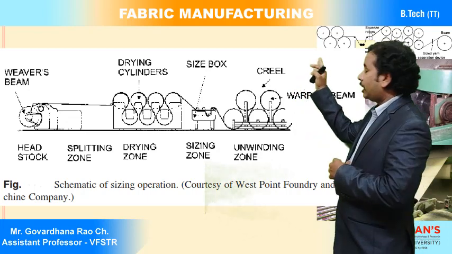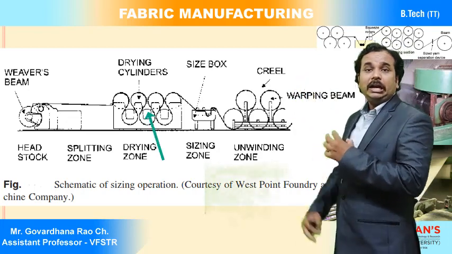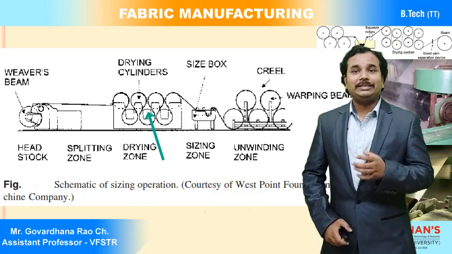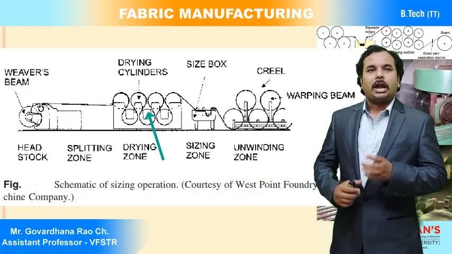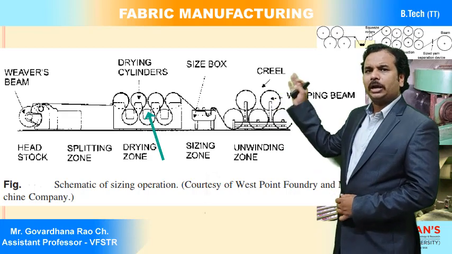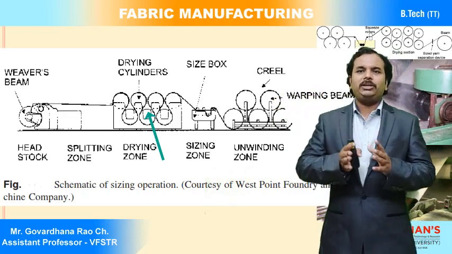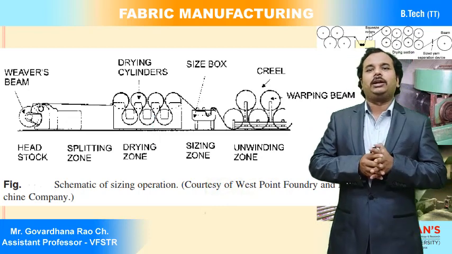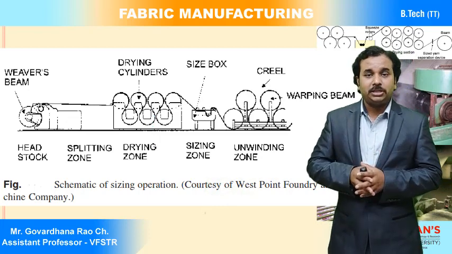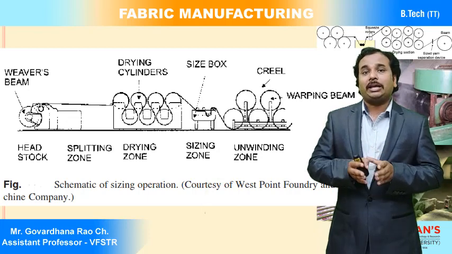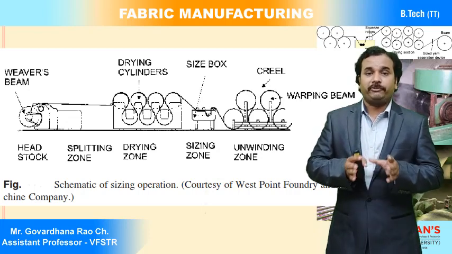You can observe that there are 7 different drying cylinders for drying the warp sheet. After that we have a splitting zone and headstock. Everything is common. The only difference between the 2-cylinder sizing machine and the multi-cylinder sizing machine is the number of cylinders for the drying of the warp sheet.